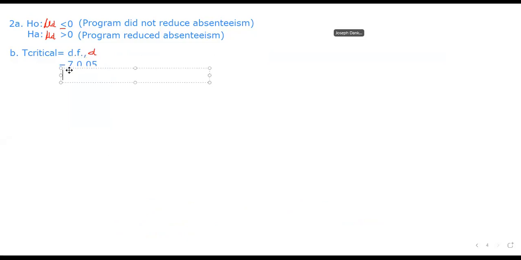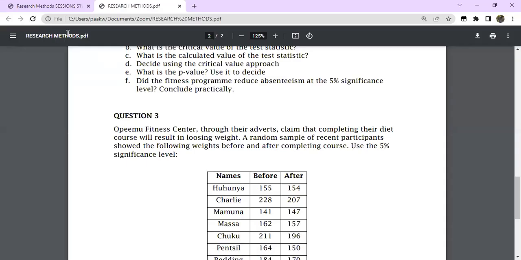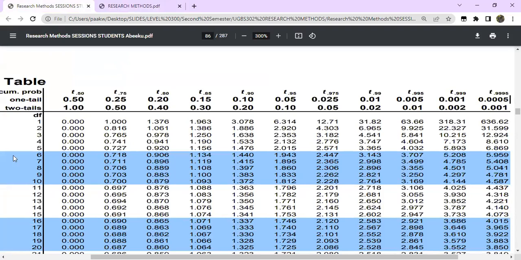With this one, you go and look for this on the graph from the table. Okay, so degrees of freedom is 7. Then which value are we looking for on top? 0.05. We have one here and one here. Which one are you choosing? Is it the one with the asterisk or the one with a small circle?